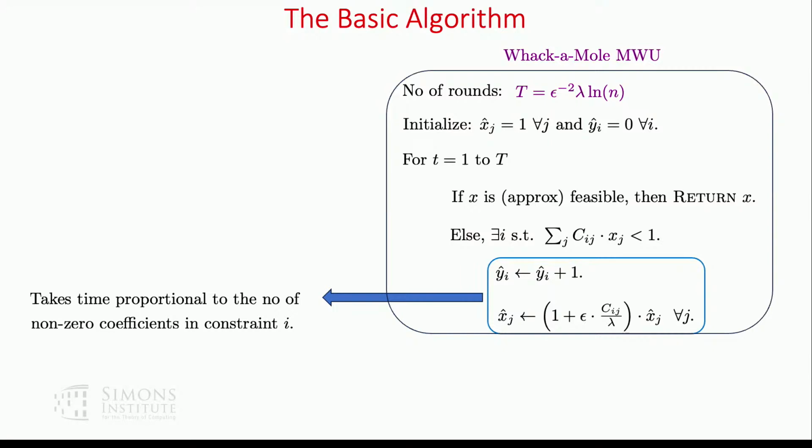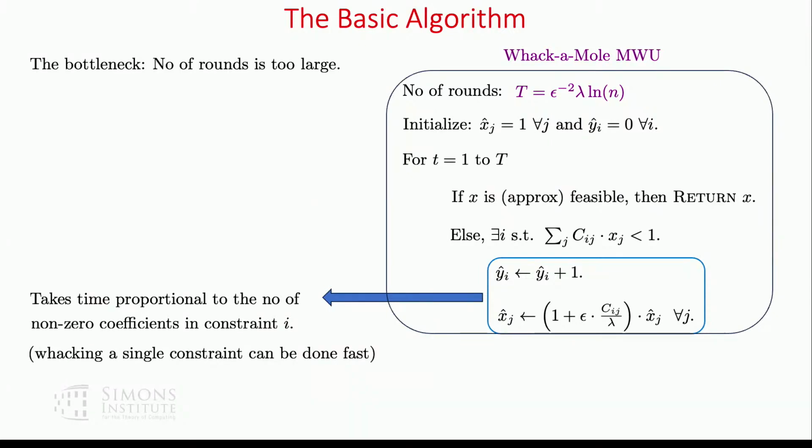All we are saying is, look at one particular constraint i that is violated, provided we manage to find that constraint quickly. Then you just look at all the sets that participate in that constraint. You are just multiplying the weights of those sets. And this takes time proportional to just the number of non-zero coefficients in that constraint. This is fast enough for us. So whacking a single constraint can be done fast.